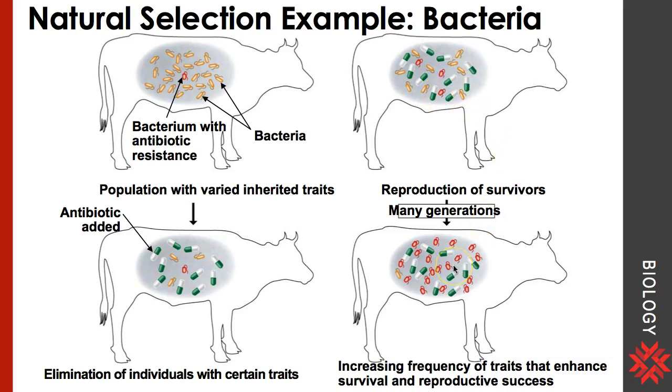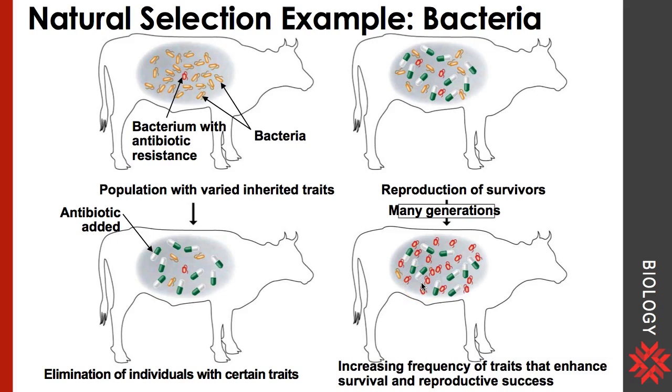As you continue to provide antibiotics to that cattle in its feed, it's going to continue to kill off those non-resistant bacteria portrayed by the yellow, and the ones that are going to survive and reproduce are those that are resistant to the antibiotics.